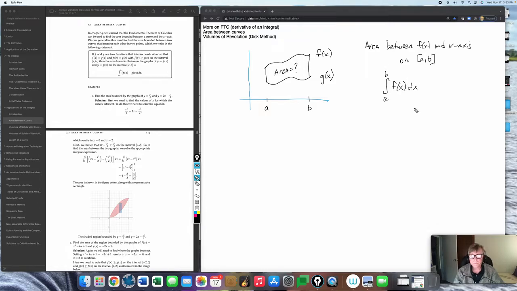But that would be the area from this curve all the way down to the x-axis. So to get the area between f of x and g of x, you would take the area underneath g of x off. You would subtract that piece off of what I just covered in pink. So let's talk about that.